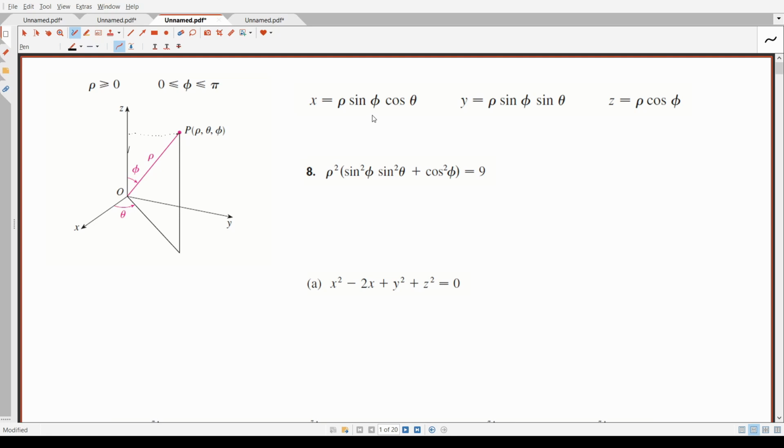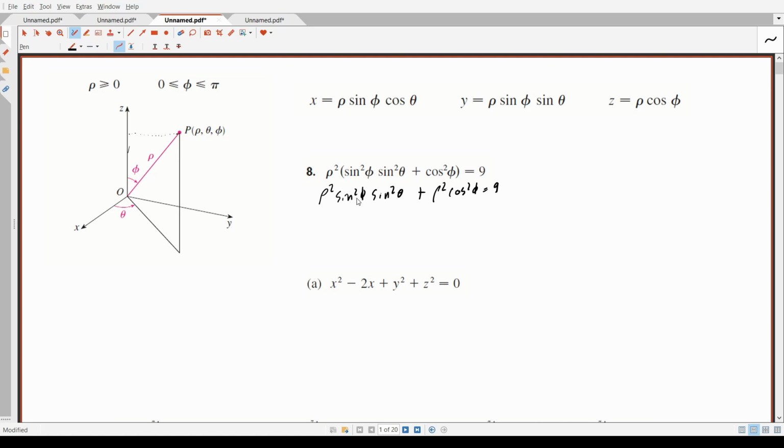I'm not going to walk through them, but just for a quick example, we can convert this equation from spherical coordinates into regular x, y, and z coordinates. If I distribute this, I have rho squared sine squared phi sine squared theta plus rho squared cosine squared phi equals 9.